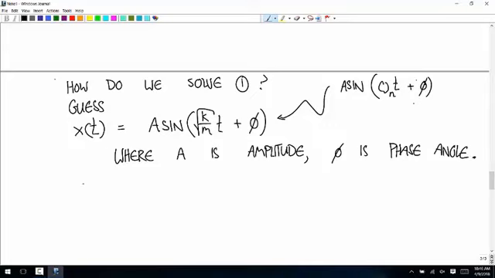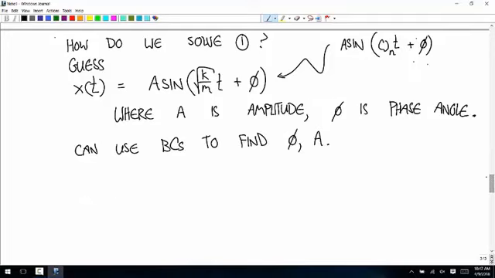But you can use boundary conditions to find phi and a. But what does this tell us about the rate of oscillation?